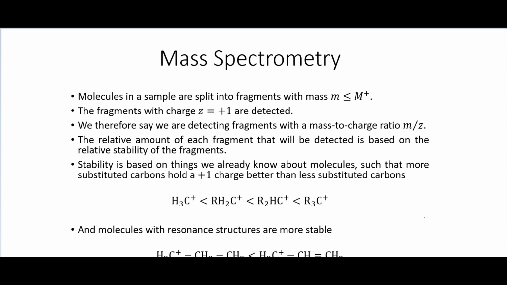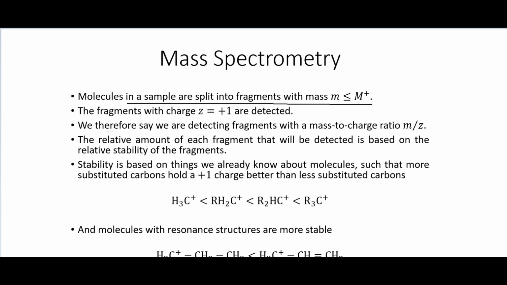But anyway, that is kind of my opinion on mass spectrometry, but now we can talk about how to actually start trying to think about interpreting these things. So remember, in the previous video, we discussed how molecules in a sample are split into fragments, and those fragments will have a mass that is less than or equal to the mass of the entire molecule, which is called the molecular ion.